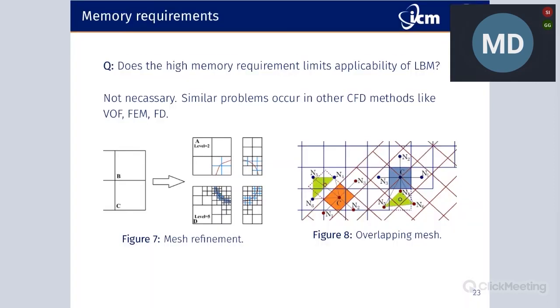To elevate that, we could use techniques typical for older CFD methods, like mesh refinement or overlapping mesh. This is work in progress in our solver. We would like to fully develop the overlapping mesh technique, but we are still not there yet.